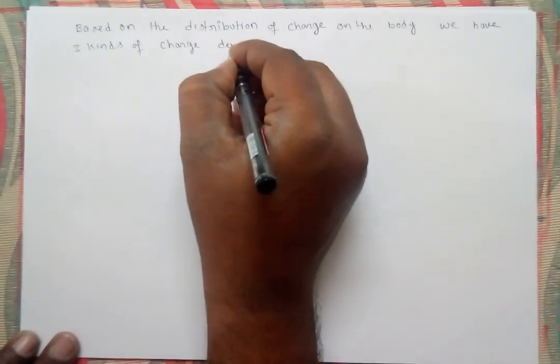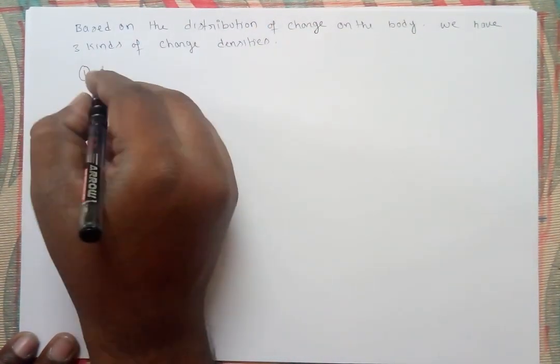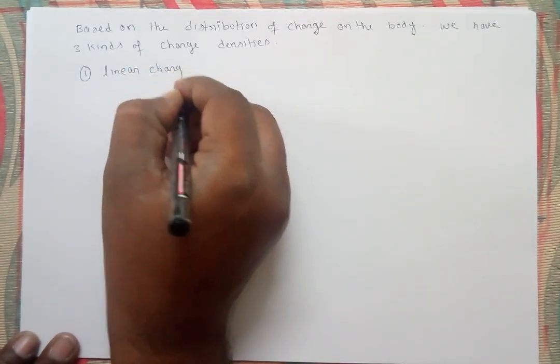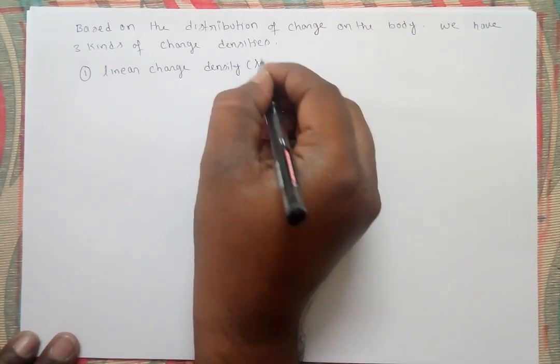We have three kinds of charge densities. One is linear charge density, lambda.